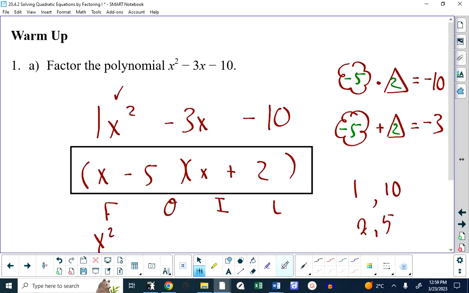Your last will be negative 5 times 2, which is negative 10. That's what we want, and that's why we were looking for 2 numbers that multiplied to give that. My outer is 2x. My inner is negative 5x. Well, that adds to give me negative 3x, and that's why those 2 numbers, 2 and negative 5, had to give negative 3 when you added them.